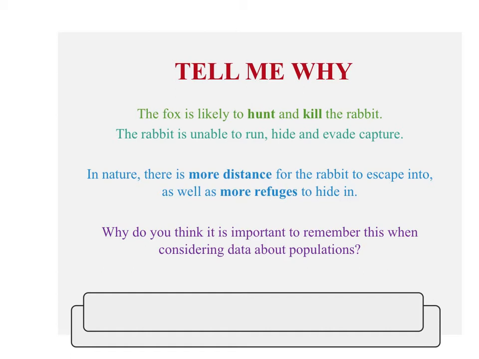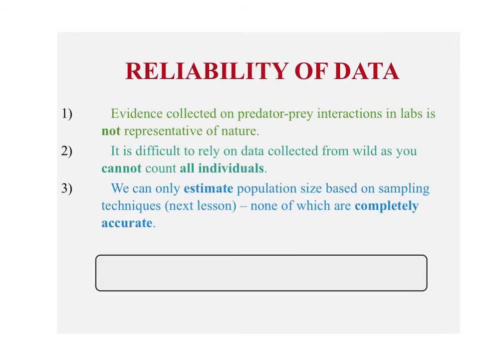So we've got to be very, very mindful of the circumstances surrounding population sampling. And this affects the reliability of the data. So when we're doing population studies based on predator-prey relationships, doing them in labs is not representative of nature. It's also quite difficult to rely on wild data because you can't count all individuals.